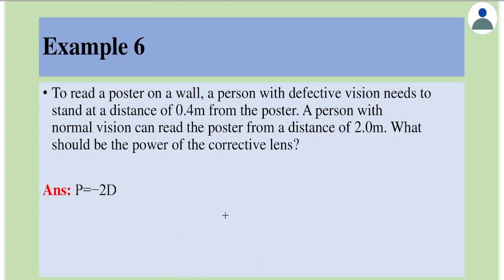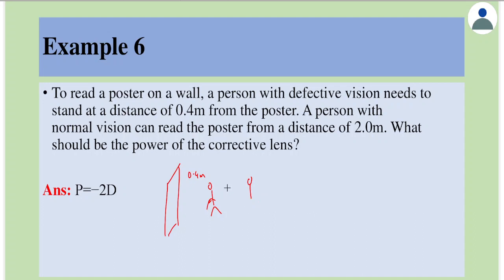So first and foremost, understand what is given here. For example, if you look at this as the poster on the wall, a person with a defective eye can see it from a distance of 0.4 meter. Imagine that the person has gone somewhere behind like this. This person cannot see from here because he can see only from distance of 0.4 meter.